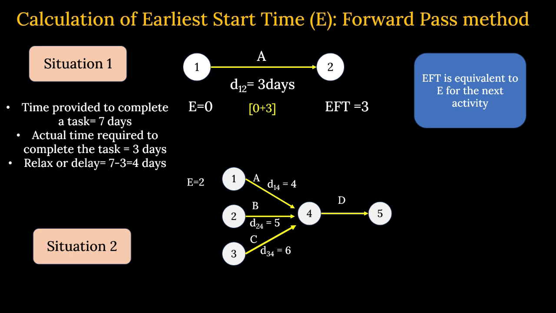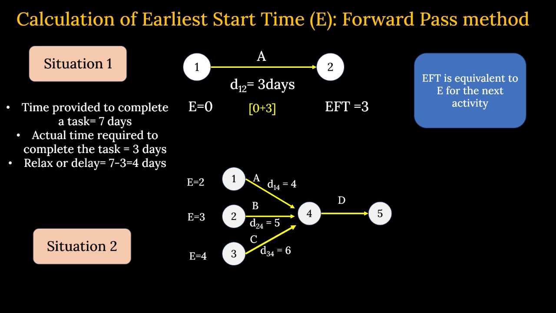Then only A can start. Similarly, in case of B, the predecessor's earliest finish time is 3. That means it is the earliest start time of B. And in case of C, here E is 4. That means it is the earliest finish time of the predecessor, and that is the earliest start time of C. Clear? So this is the situation given.